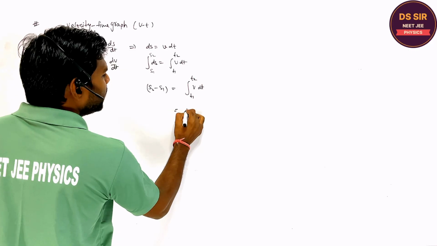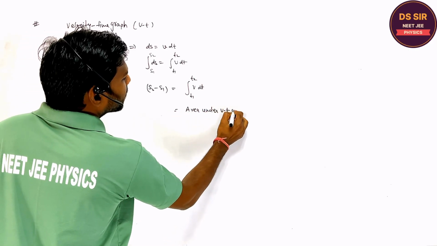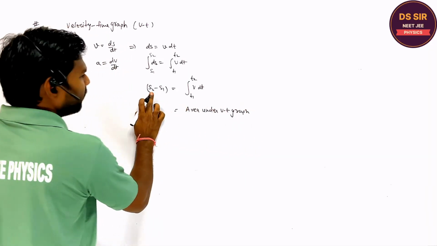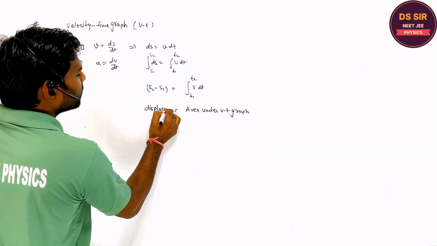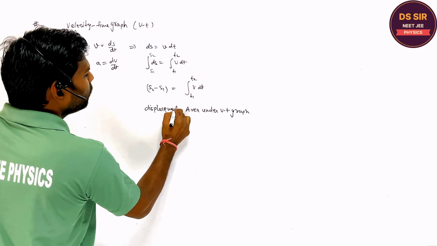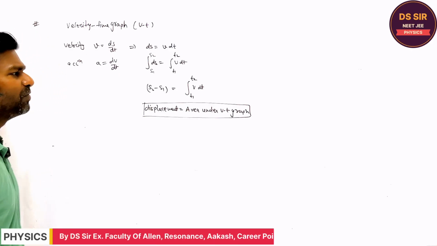What is it? Area under the vt graph. And final position minus initial position means total displacement. So if you want to find the total displacement, then you have to find the area under the vt graph.